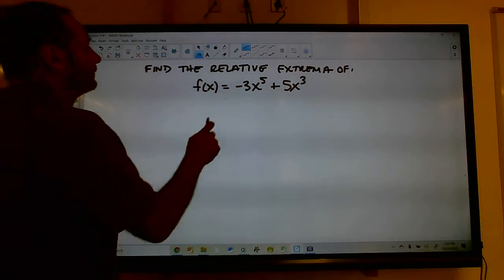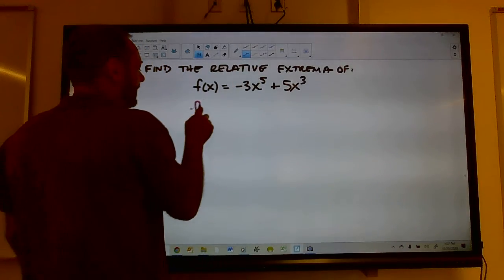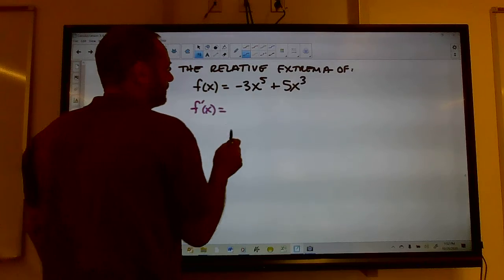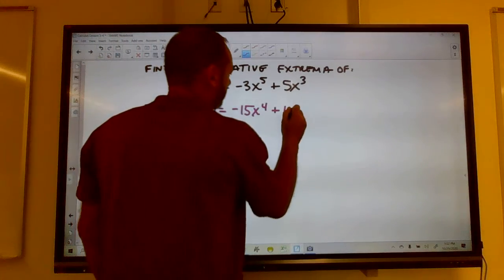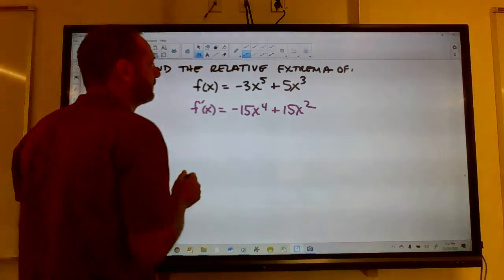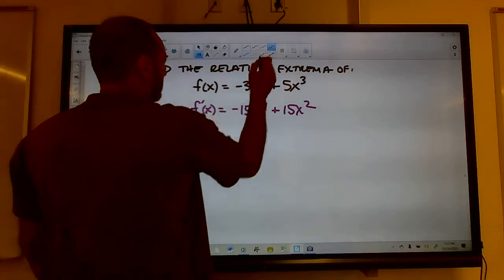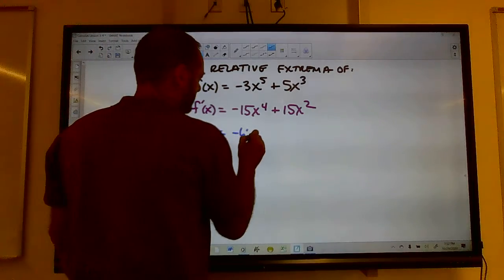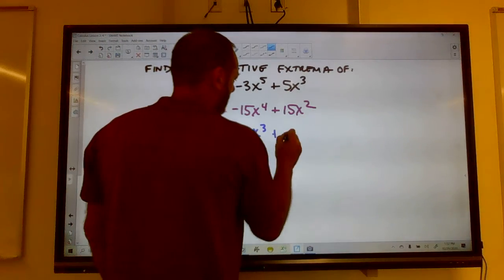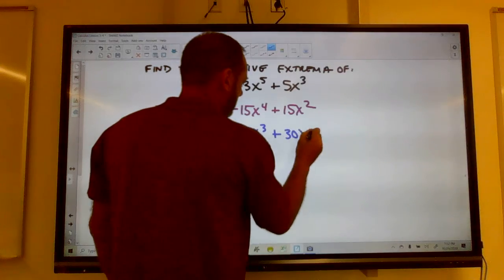First things first, f prime of x. That's going to be negative 15x to the 4th plus 15x squared. Second derivative, f double prime of x, is going to be negative 60x to the 3rd plus 30x.